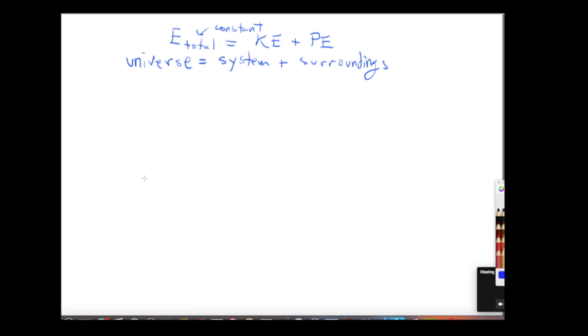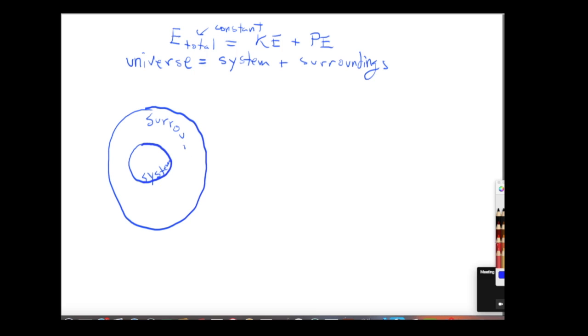So how are we going to set problems up? I'm going to do it two ways. One way will be to use circles, where this would be my system, and the surroundings will be everything around that. So we can sort out what's going on with the kinetic energy and the potential energy.